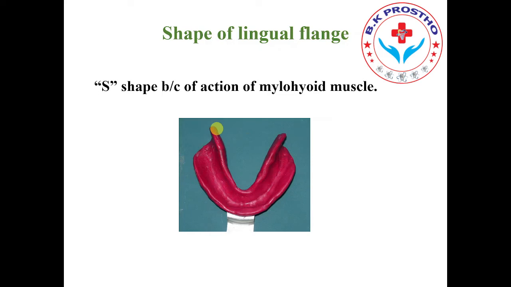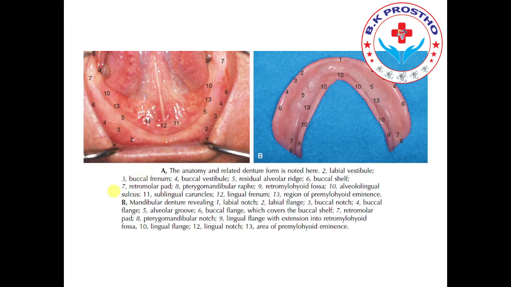So the mylohyoid muscles contract and make the lingual flange an S shape. So this is the anatomy and related denture form in this picture. So these are all the anatomical structures.